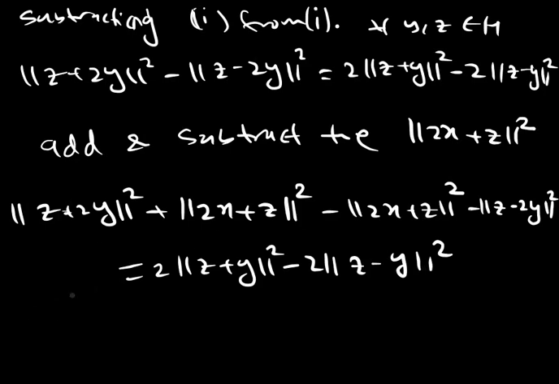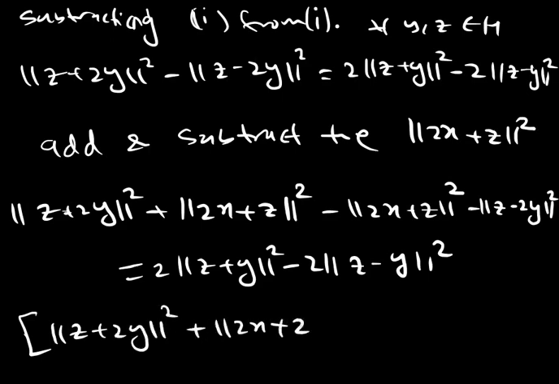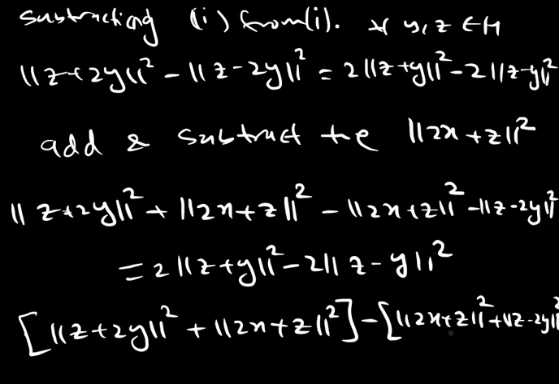This could be written with the minus sign, both the signs. So in the bracket, norm of z plus 2y whole square plus norm of 2x plus z whole square minus norm of 2x plus z whole square plus norm of z minus 2y whole square.